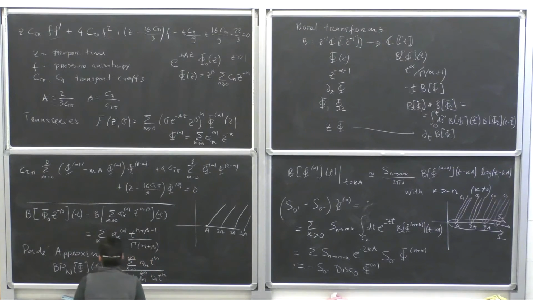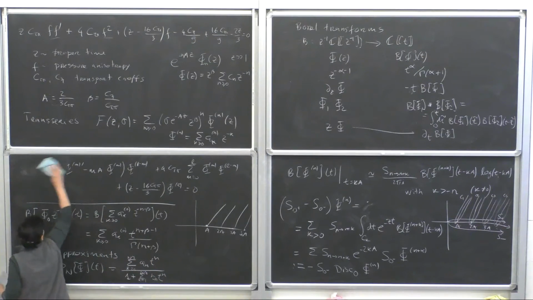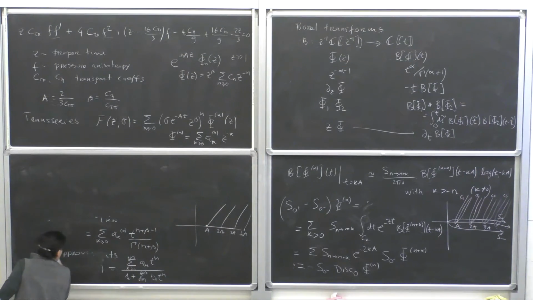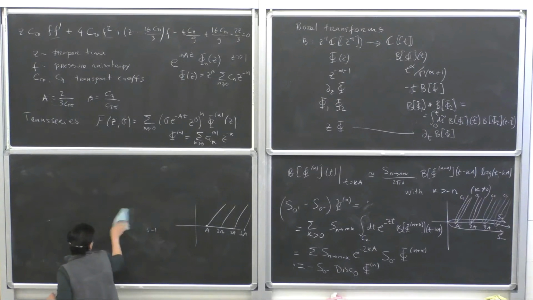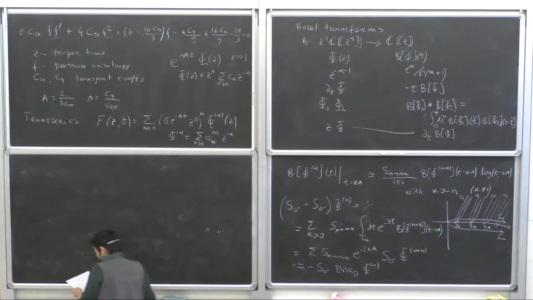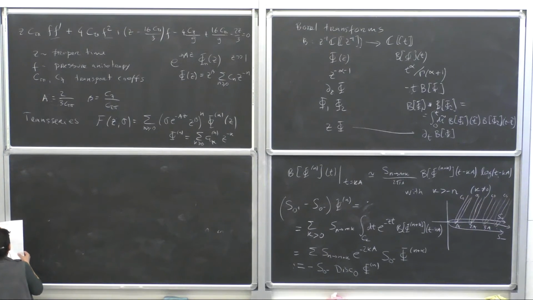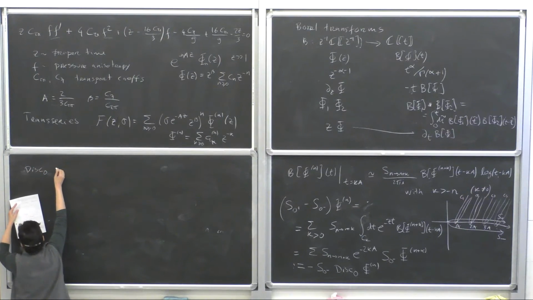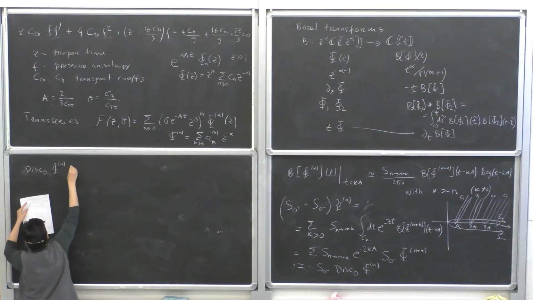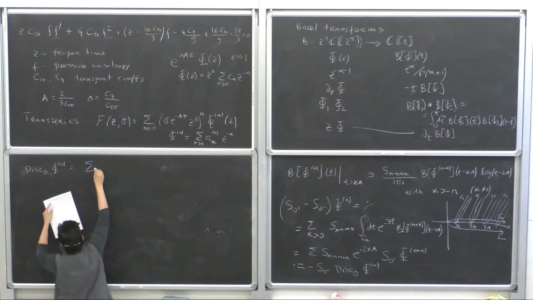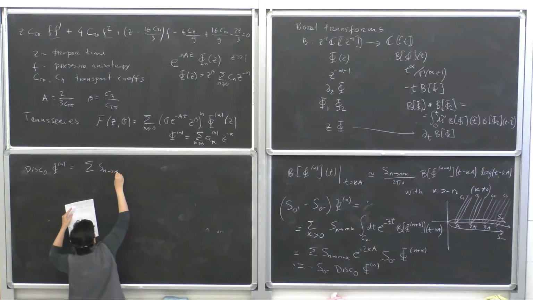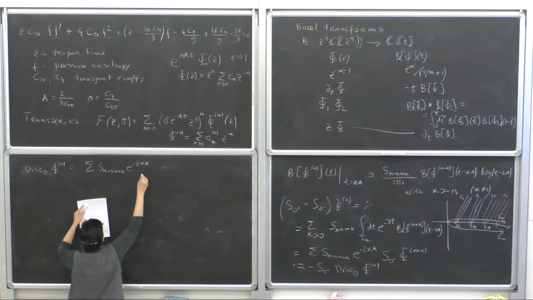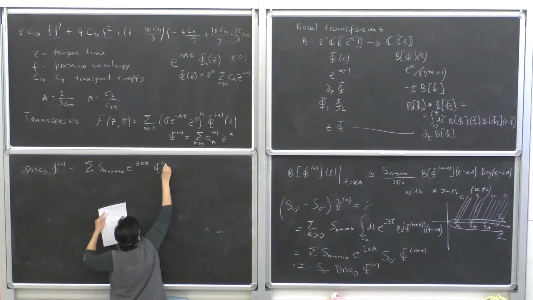So you'd get that the discontinuity at 0 of phi n is then the sum of S n to n plus k, e to the minus z k A, phi n plus k.